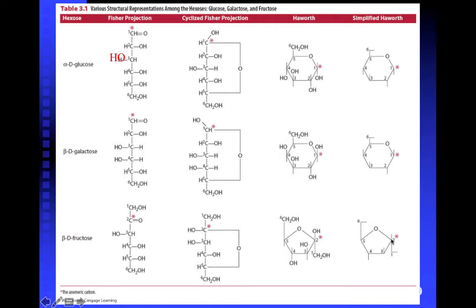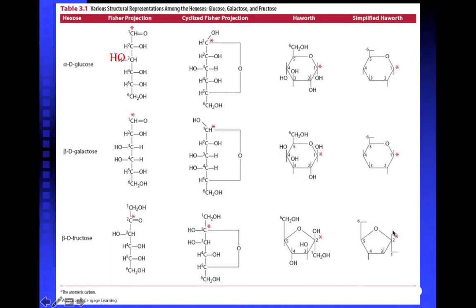This line extends through here in the case of fructose because we have a hydroxyl group here. This is the hydroxyl group that determines whether it's alpha or beta, not this one. Okay? So in this case, the hydroxyl group is up. So this is beta D-fructose.